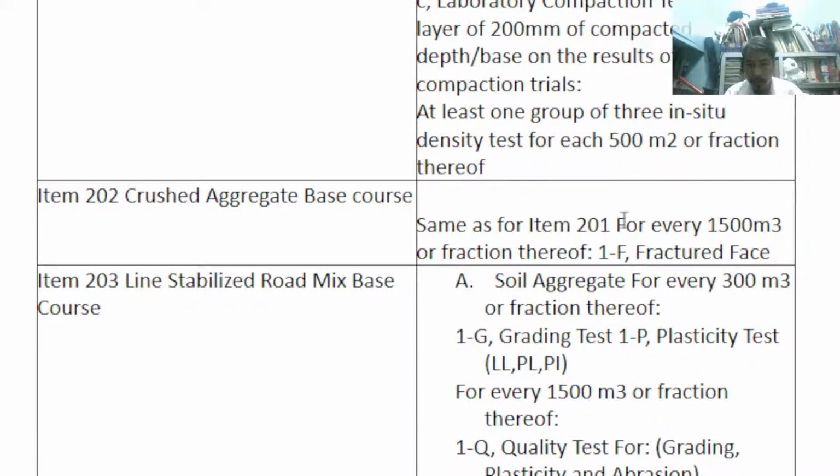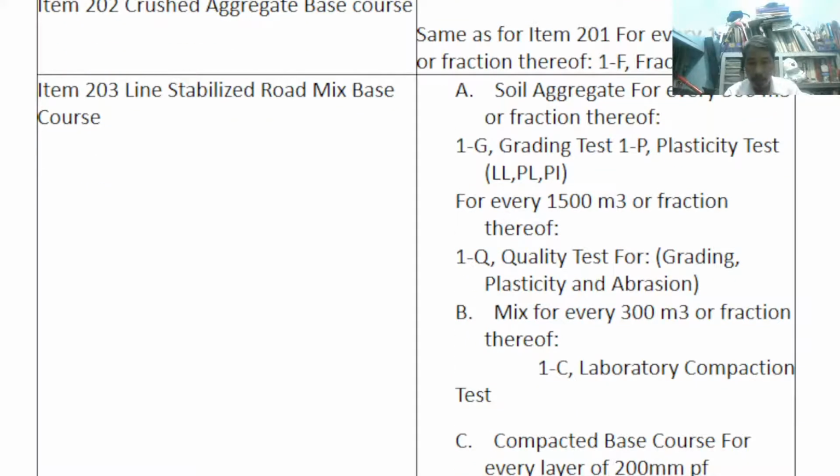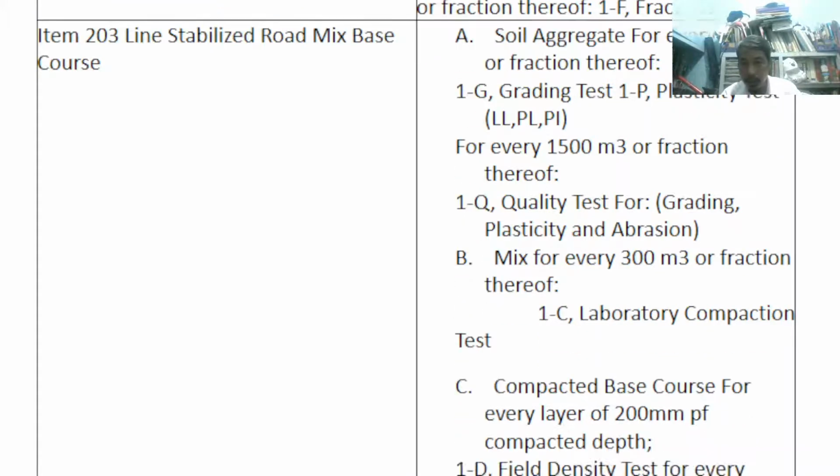And letter B, okay, letter B, we have additional testing here. Letter B, mix for every 300 cubic meter or fraction thereof, 1-C test, that is compaction. Okay? And letter C, compacted course for every layer of 200 mm compacted depth.